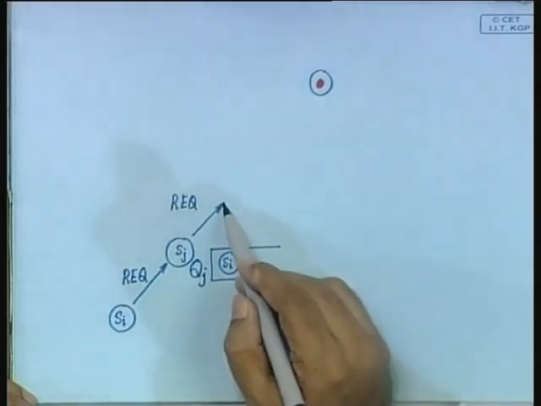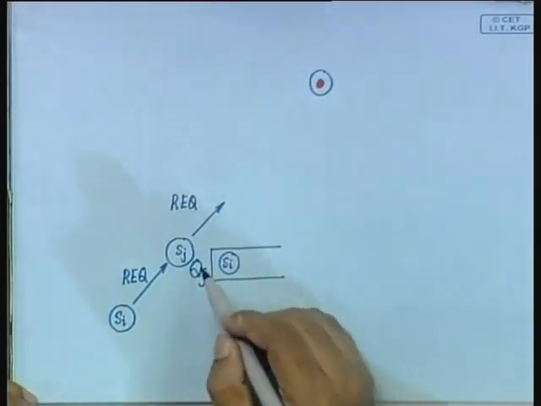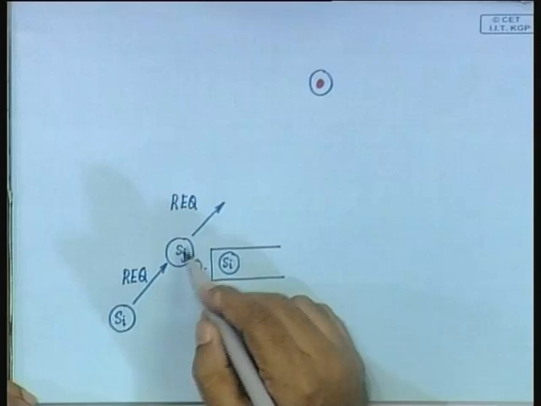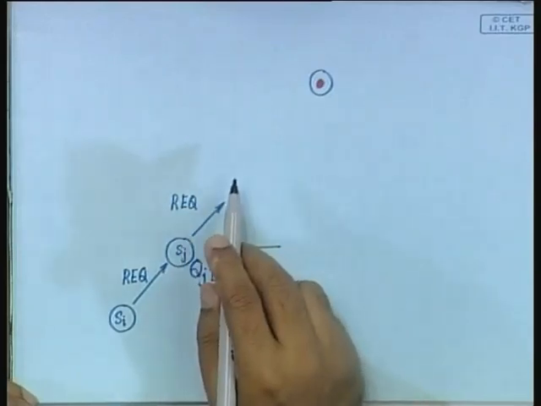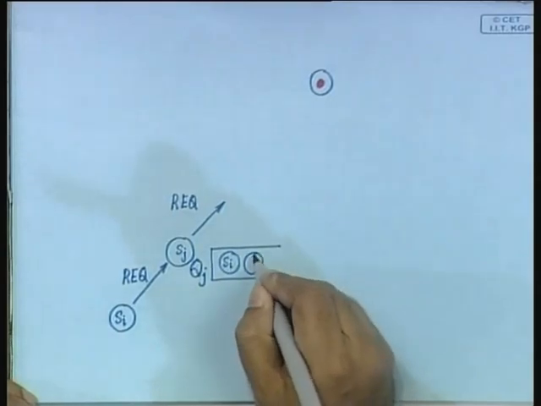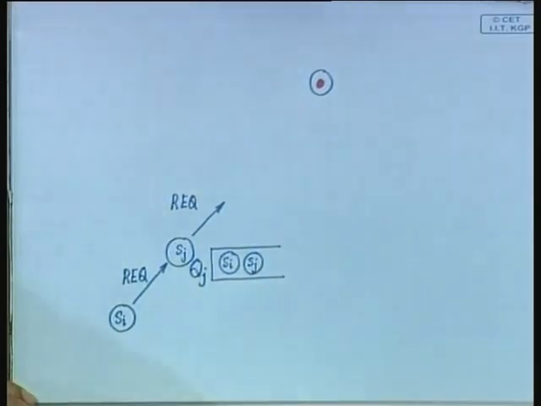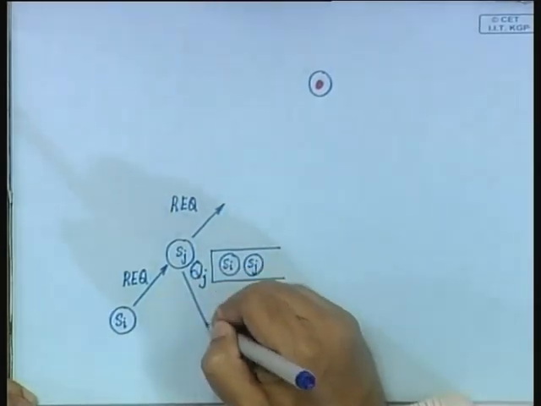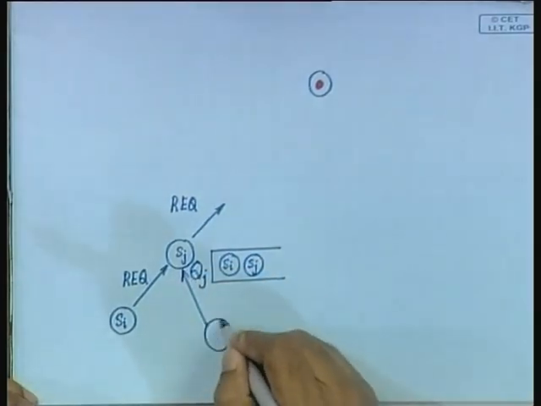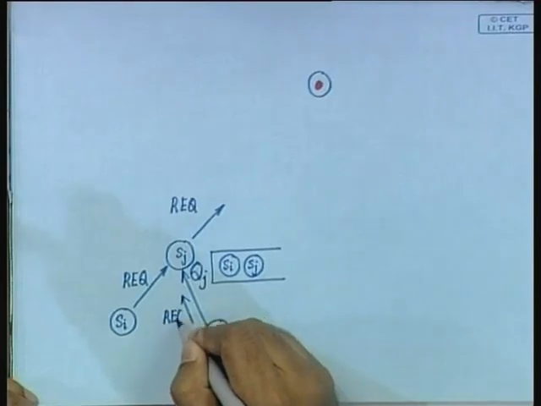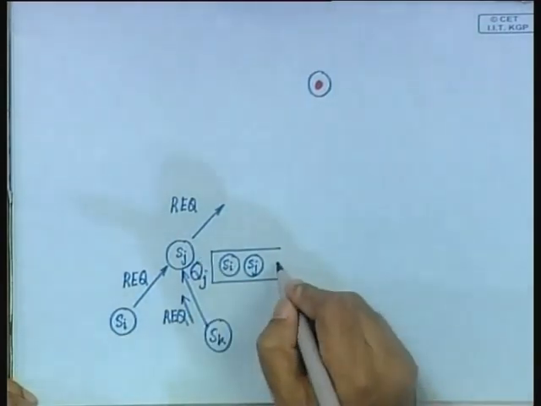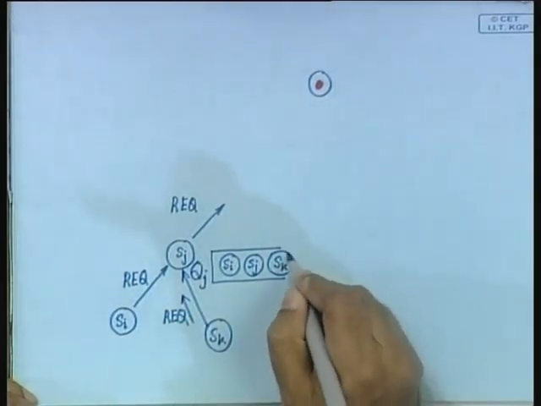Now, this request, after it has gone, if subsequently Sj wants to make another request, it will not send a request again, but it will put Sj here. Similarly, suppose there is another child of Sj called Sk, and Sk also sends a request, then Sj will put Sk here, but it will not send another request.